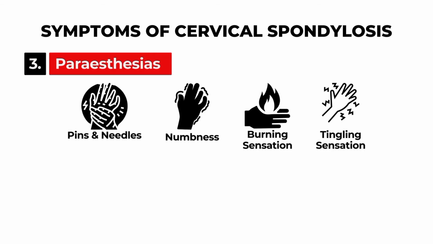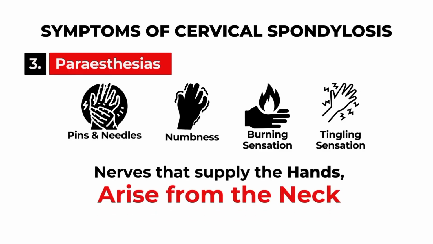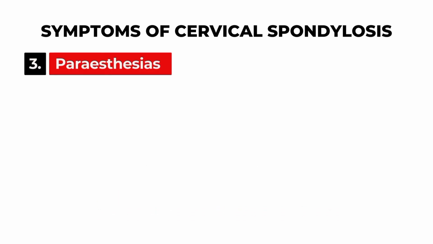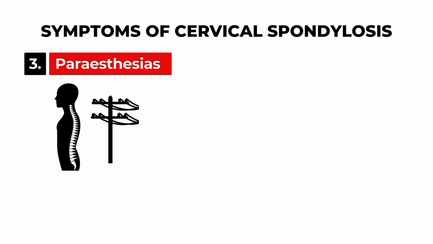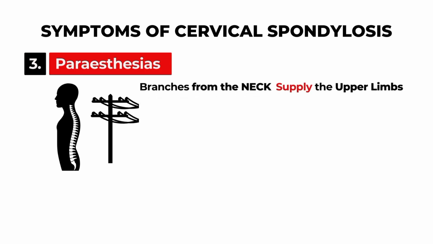And the reason why it's important to know this is this. The nerves, I say again, that supply the hands arise from the neck. Imagine for a moment that the spinal cord is like a pole, like an electric cable that gives branches out. These branches from the neck supply the upper limbs.